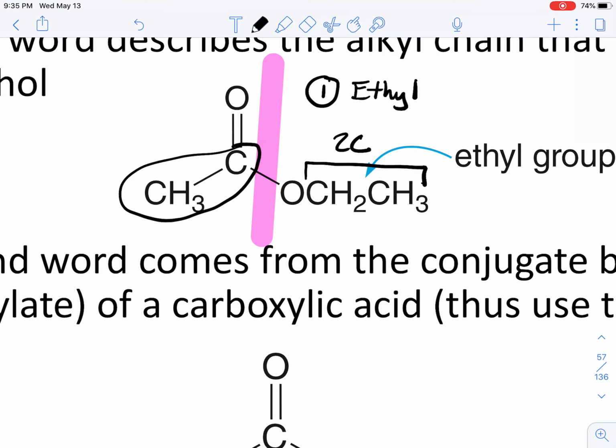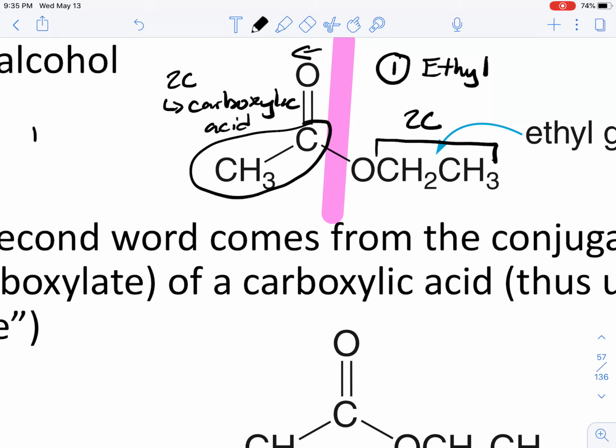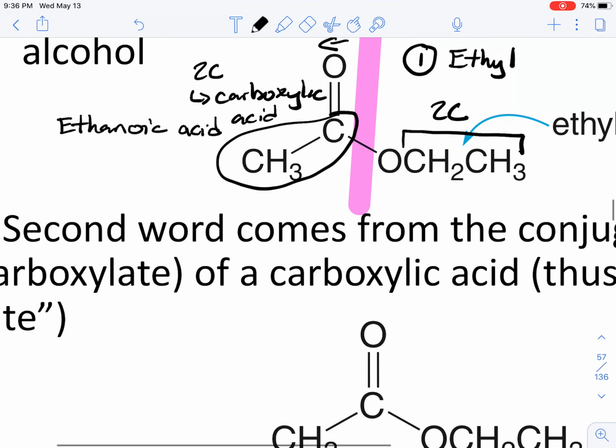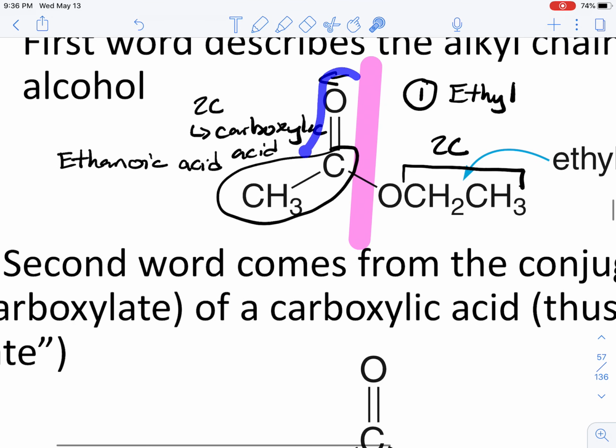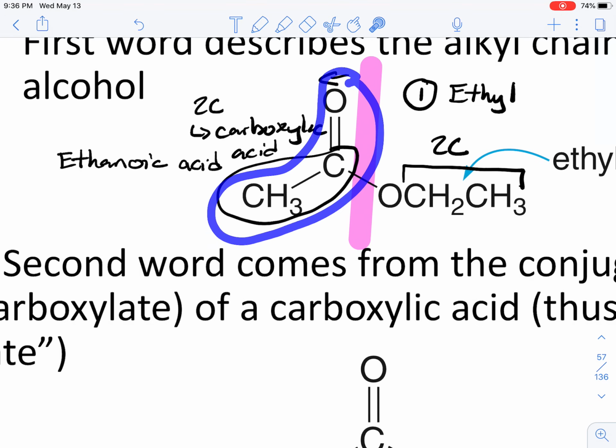And so here, if I look to the left of this pink line, that's going to represent a 2-carbon carboxylic acid. And so typically that would be ethanoic acid. It turns out that the parent chain that we're going to be using is the carboxylic acid end.